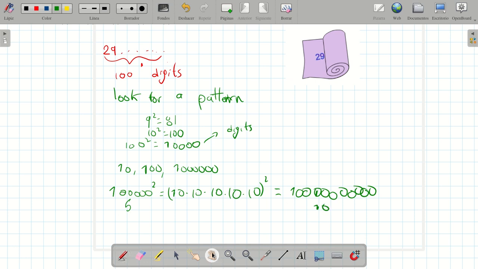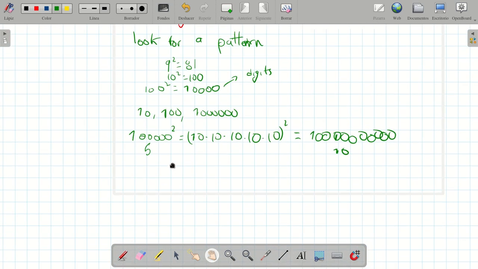So we already know that we can find the digits of these kinds of numbers if we square them.